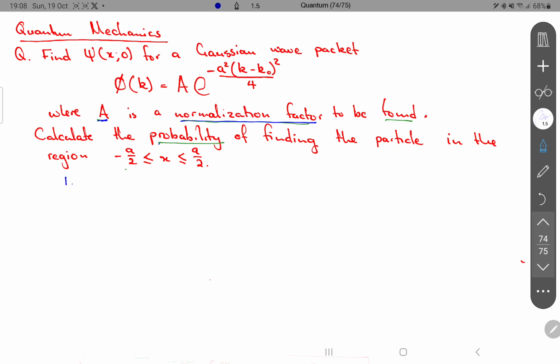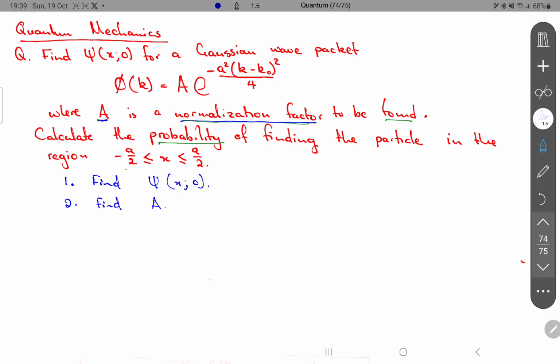So step number 1, what am I going to do? I'm supposed to find psi of x, 0. That is what I'm going to do first. Step number 2 is to find A, the normalization factor.